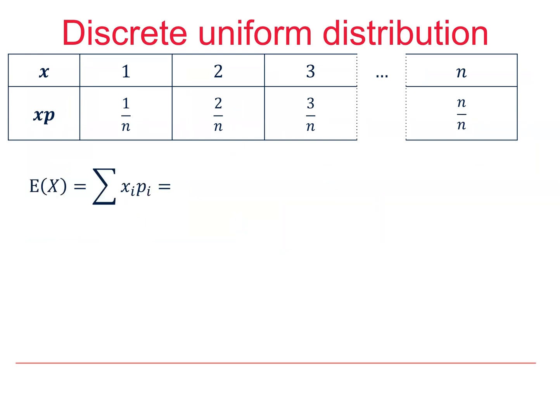So the expected value of x is the sum of all the xp's. So that's 1 over n plus 2 over n plus 3 over n plus all the way up to n over n. I can take out a factor of 1 over n.